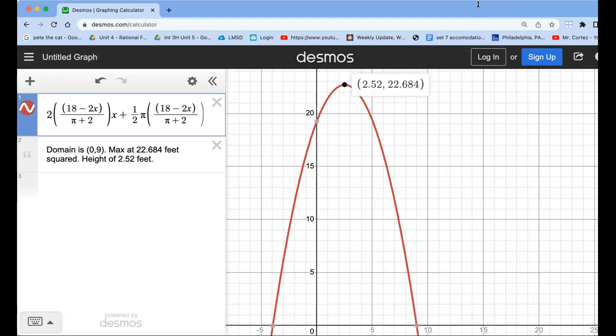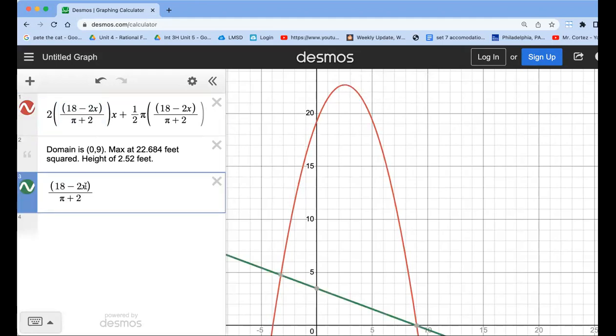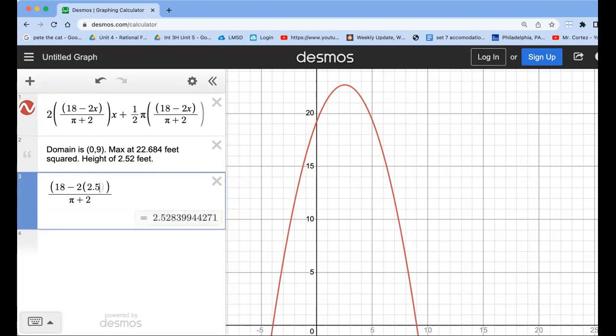Okay, that's fine. And then we can figure out what our radius is going to be if we go about doing the 18 minus 2 versions of this, over pi plus 2. So let's evaluate that real quick. In place of x, I'm putting 2.52.